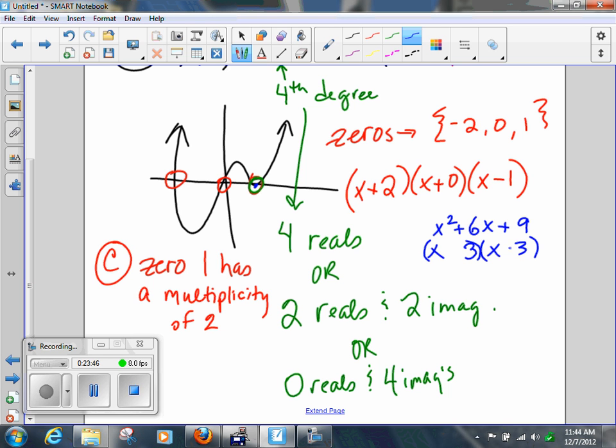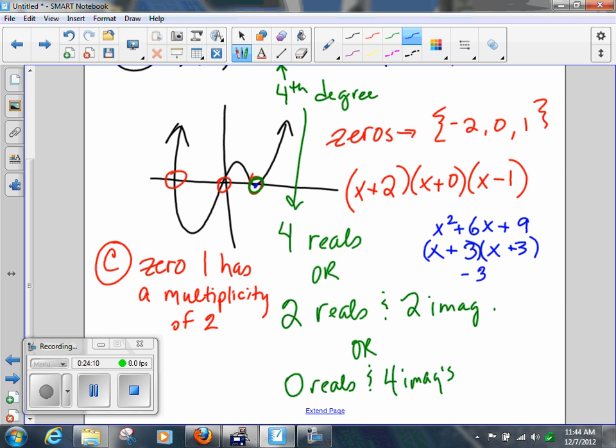It'd be 3 and 3, plus and plus, right? Okay, now how many zeros? We would set both of those equal to 0, and our root would be -3, wouldn't it? All right, but there are 2 factors for that. So that's why 0, 1 has a multiplicity of 2.